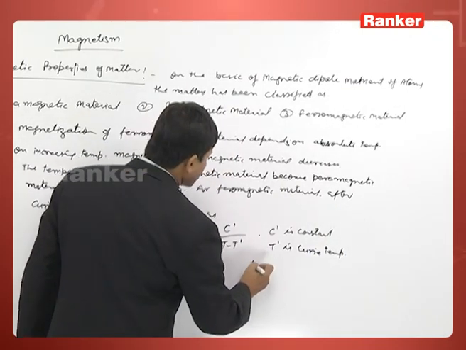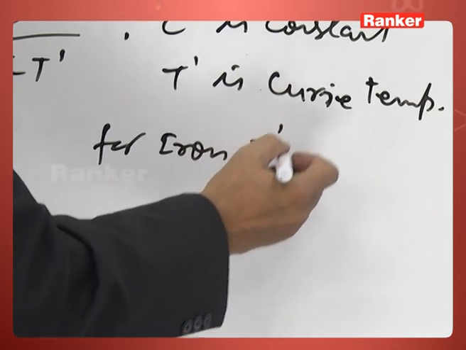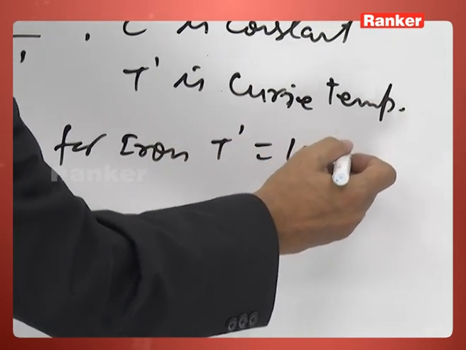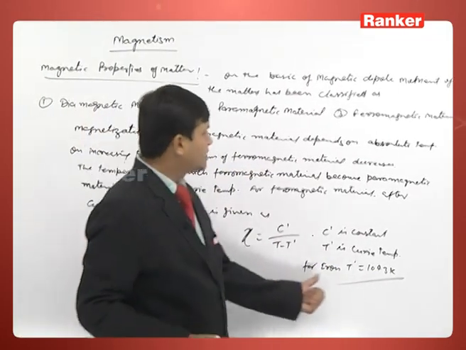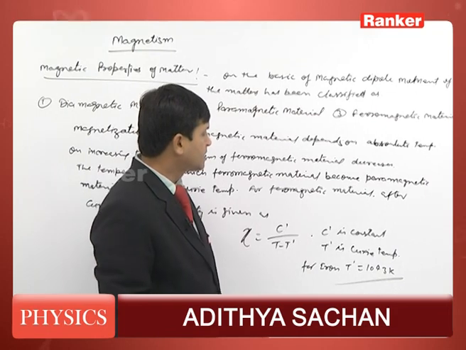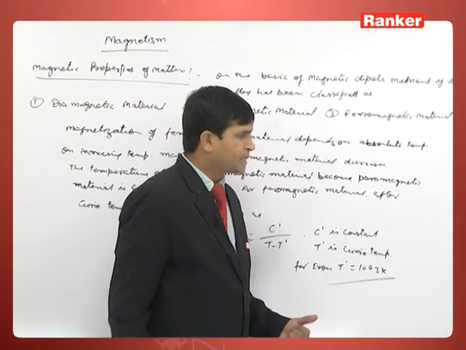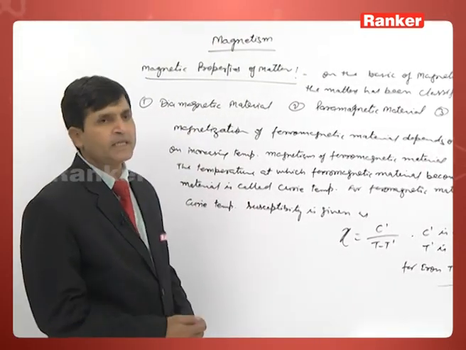So for iron, T dash is equal to 1043 Kelvin. It means iron after this temperature becomes a paramagnetic substance or paramagnetic material. So, this is the general idea about ferromagnetic material.